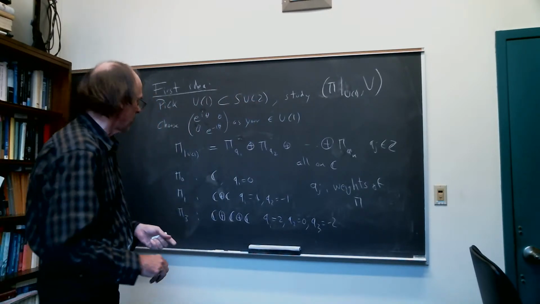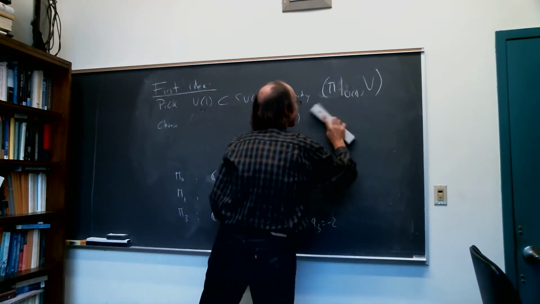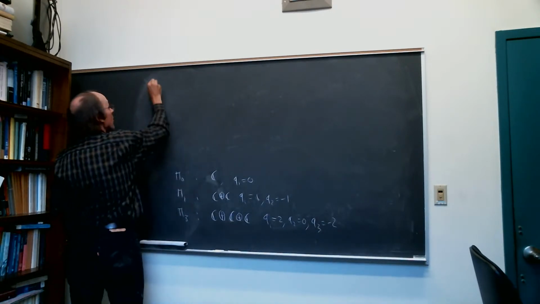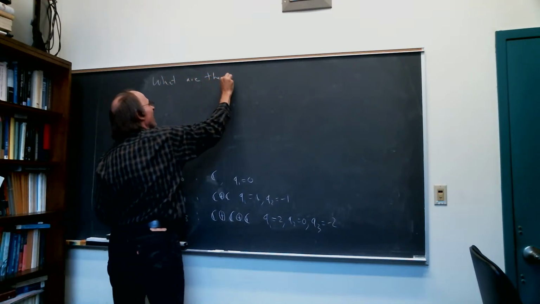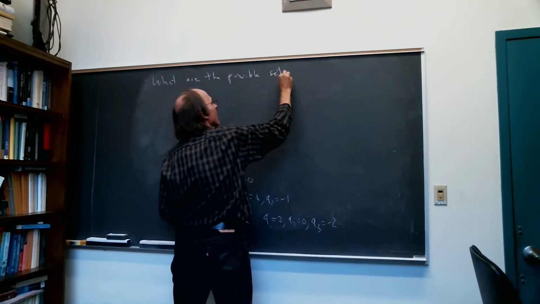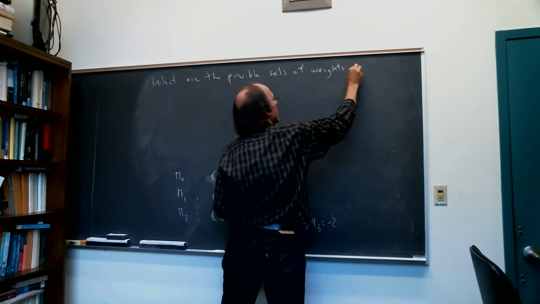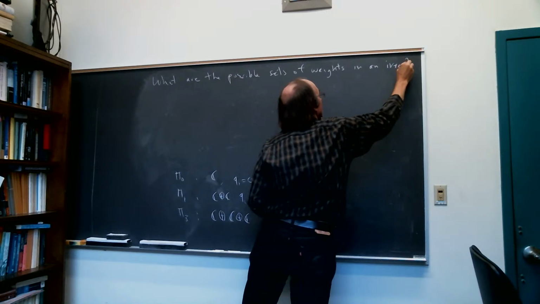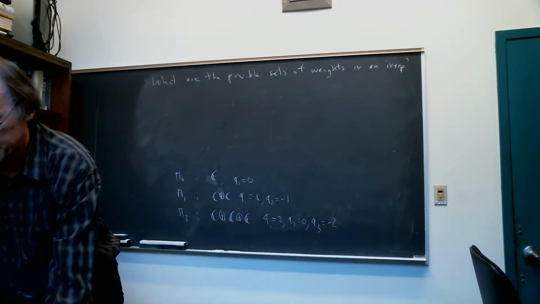So let me ask: what are the possible sets of weights in an irreducible representation?